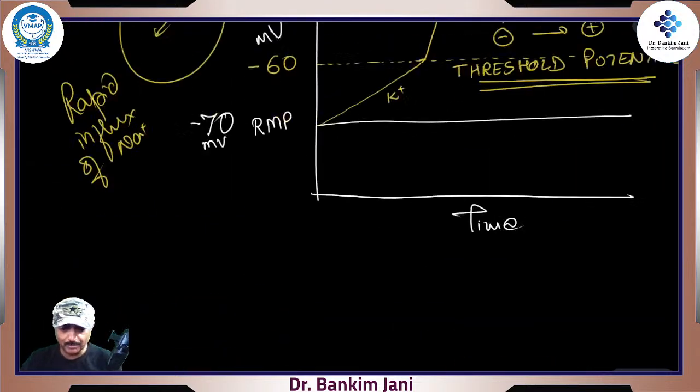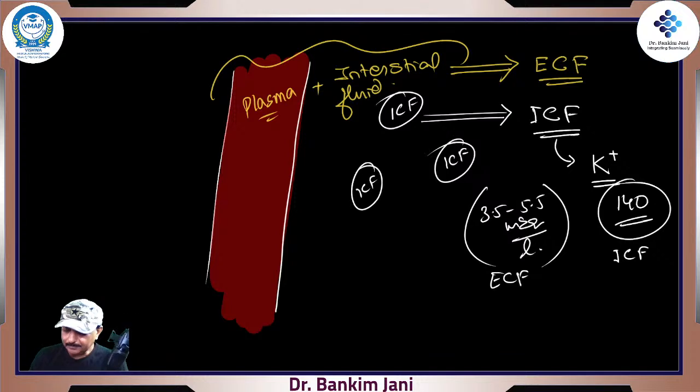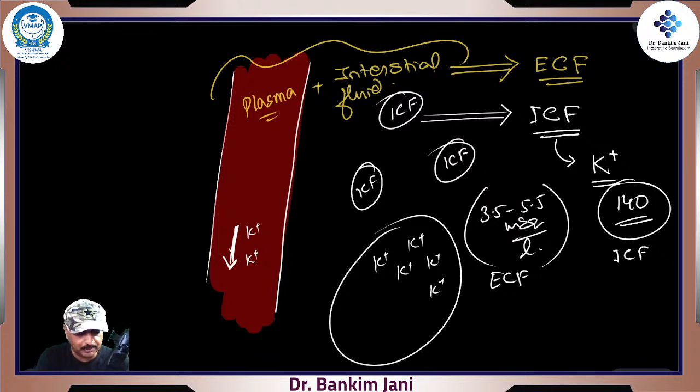Now see, we go back to this image. Let's make a big cell. This cell is loaded with potassium, and now we have got this drop. Over here we have got less potassium. Potassium level drops because that's what we said, hypokalemia.